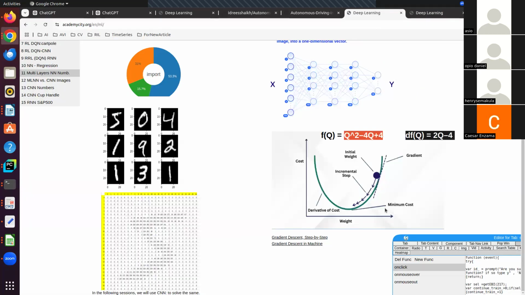If we are in the 4 and I see the slope is positive, I would say let's go down. Let's reduce the Q. If I reduce the Q, what happens to the slope? Please pay attention. If I go to a Q of 3, if I plug in the derivative 3, it will be 3 times 2, it's 6, minus 4, it's 2.